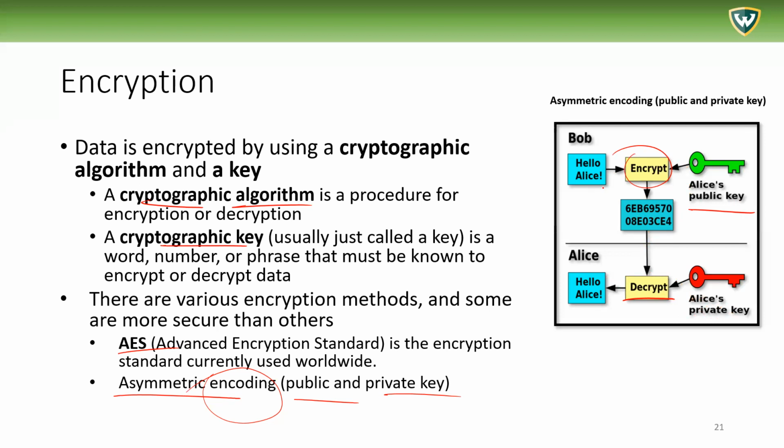Bob doesn't need to decrypt the message because he wrote it and has the original. So this kind of asymmetric encoding, also called public and private key encryption, uses a public key and a private key, one to encrypt and the other to decrypt.